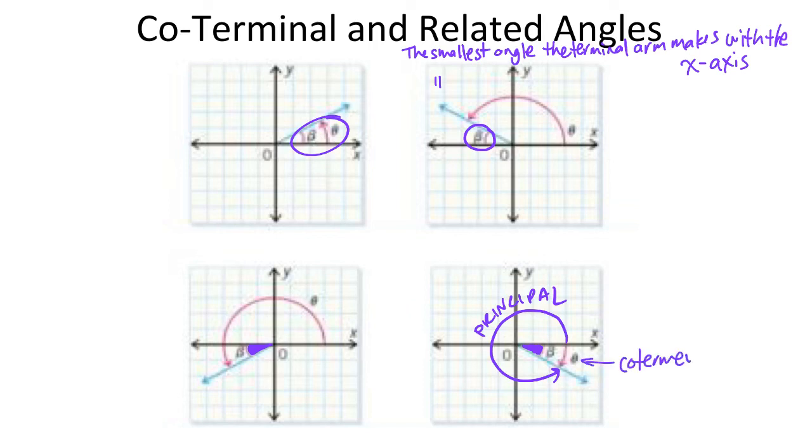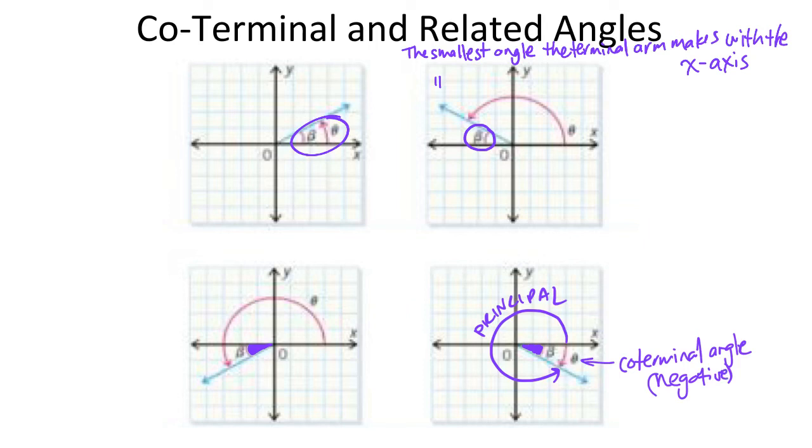It's coterminal with the principal. Coterminal. See if I can spell. That happens to be negative. Okay, this one's negative because it goes from the initial arm down to the terminal arm in that downward direction, so it's a negative angle.